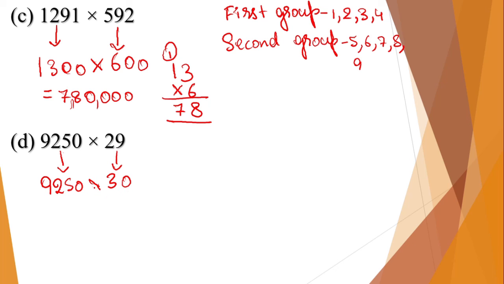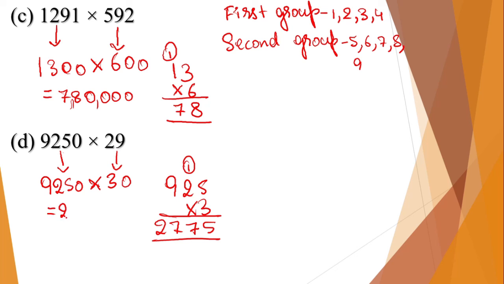At last we can add them. Now we should multiply 925 by 3. Now 3 5s are 15. So 1 carry over and 5 below. And 3 2s are 6 plus 1 is 7. And 3 9s are 27. So 27 will come as it is.